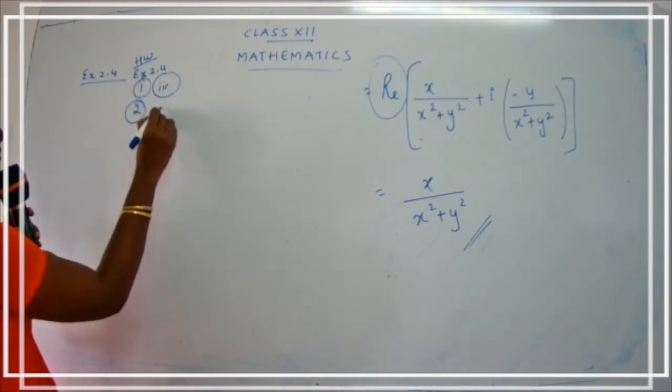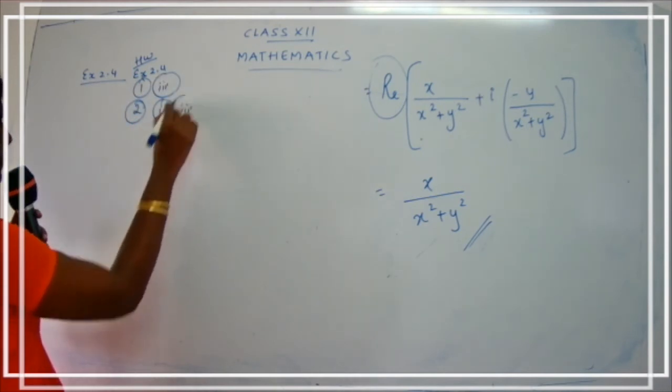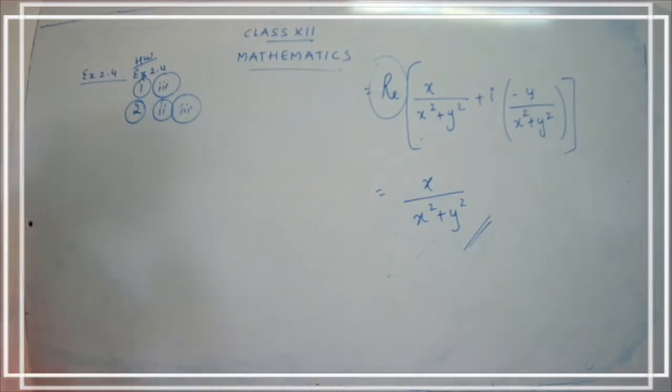So from question number 2, the second subpart and the third subpart is your homework. Have you taken down the homework questions? This is a very, very important part. You have to make a note of your homework.